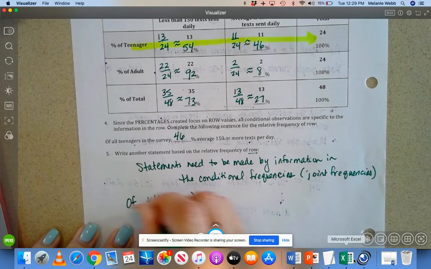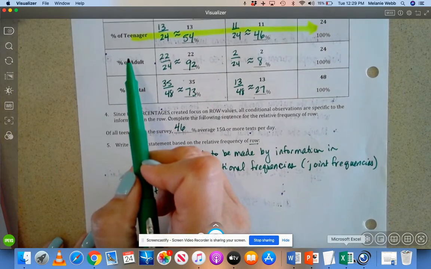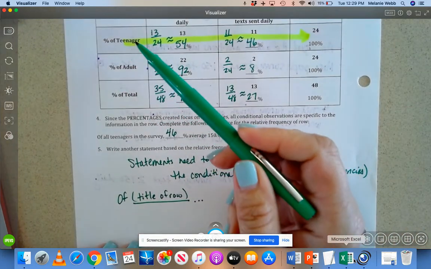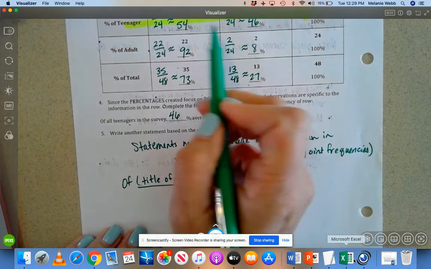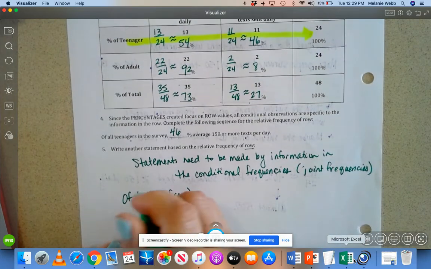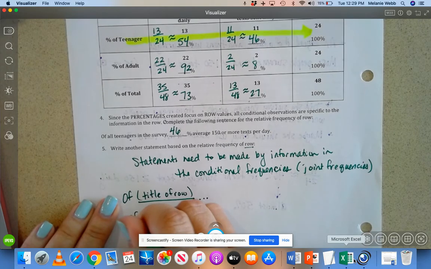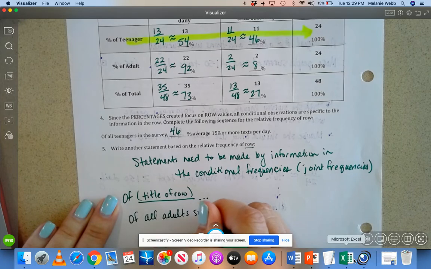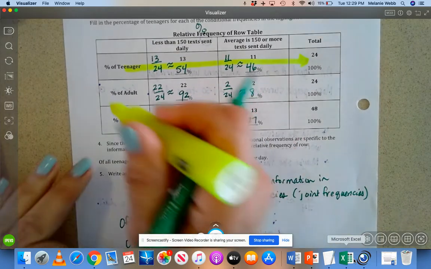So I'm going to look at these two rows. So I'm going to either say of the adults surveyed or of the teenagers surveyed, and then make a statement with these percentages inside. Okay, so I'm going to say of all adults surveyed. So that means that I'm focusing now on this row, right?